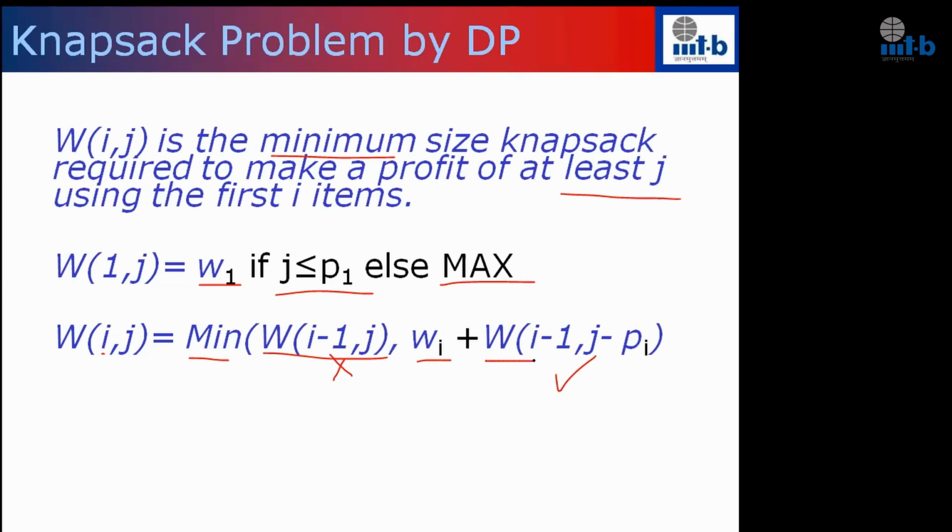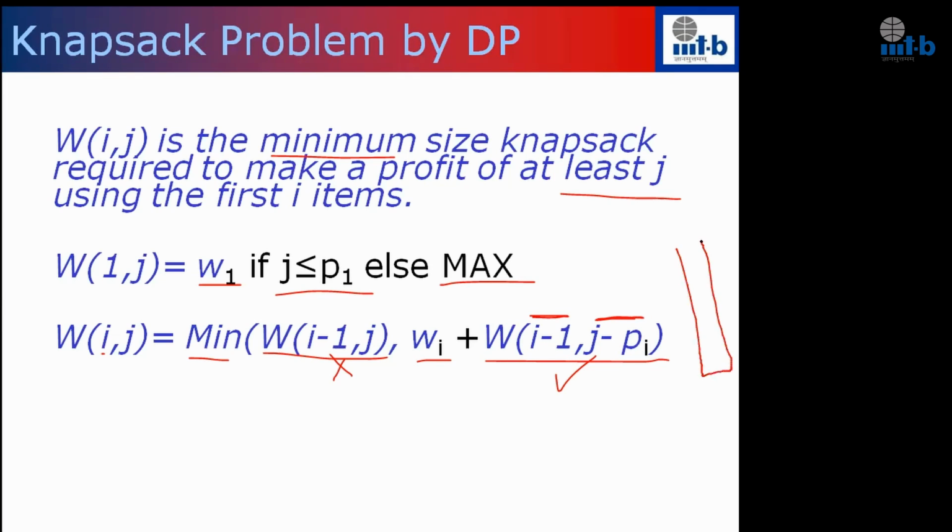The remaining profit should be made from the I-1 items, and because I decided to pick the ith item, I straight away make a profit of P of I. So if the objective was to make a profit of J, then with the remaining I-1 items, I should be able to make a profit of J minus P of I. So this will be the minimum size of the knapsack that is required to make a profit of J minus P of I using the first I-1 items.